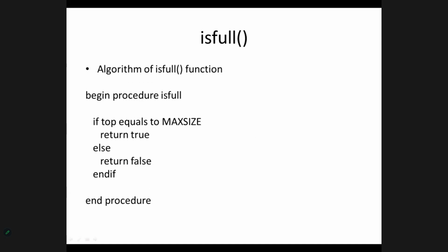Now is full, very easy. This is the algorithm of the is full function. This is the beginning of the procedure is full. If top equals max size, that means we have reached the maximum number of elements in the stack, so return true because it is full.